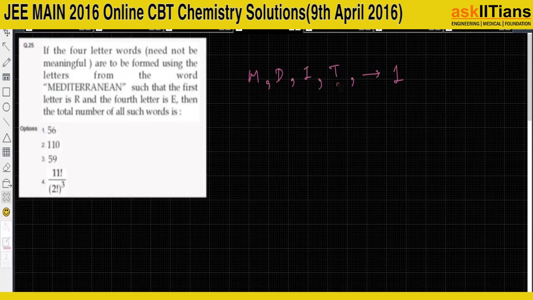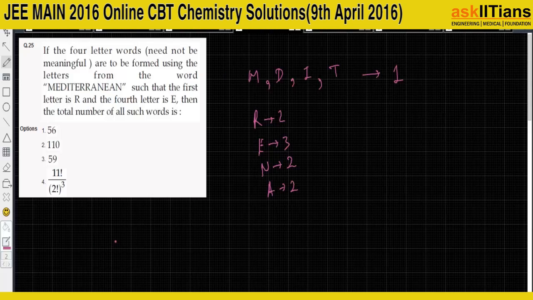All these letters are present only one time. Now R is present twice, E is present three times, N is present two times, and A is present two times. These are the various letters present in this word.